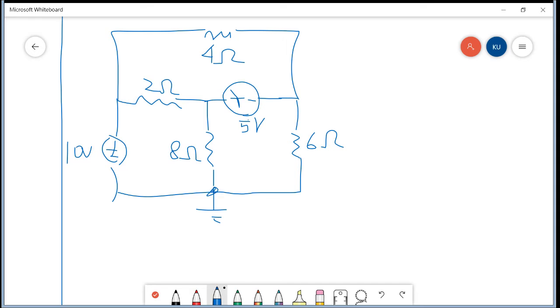So actually we can use node analysis to solve this circuit. Suppose we use the node analysis.